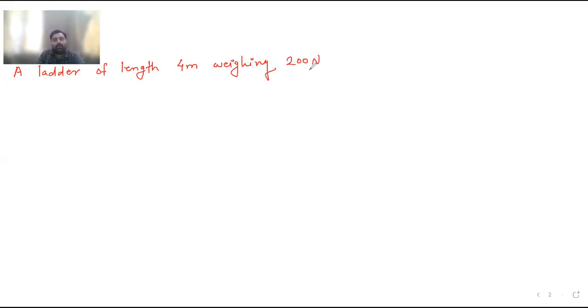So the self weight of the ladder is 200 Newton. A ladder of length 4 meter weighing 200 Newton is placed against the vertical wall as shown in figure.